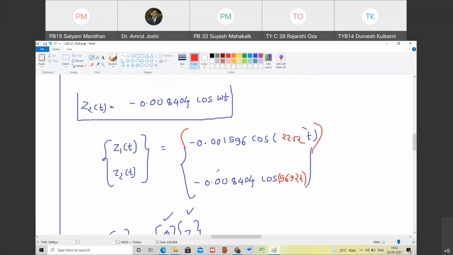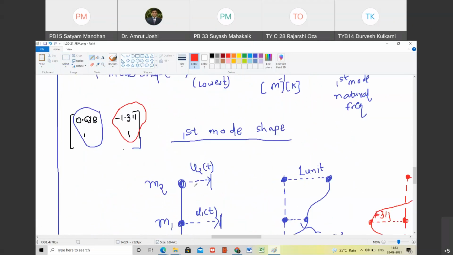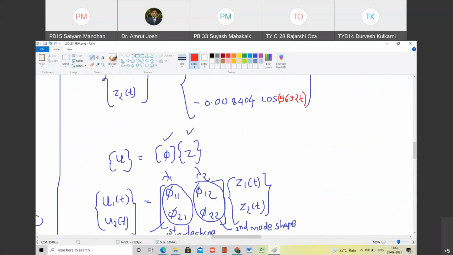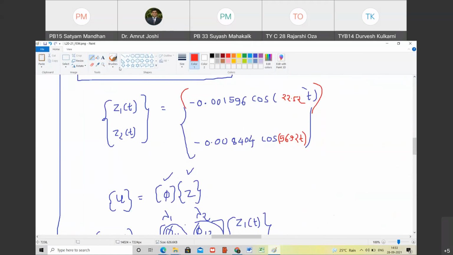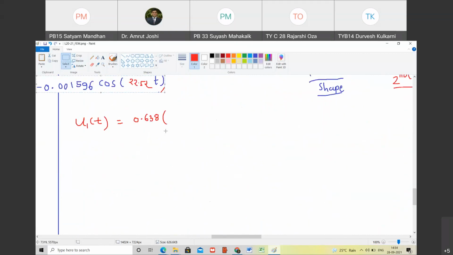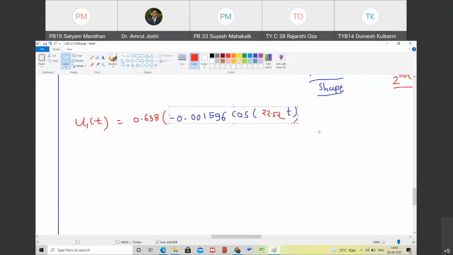चलो क्या हो रहा है वेदा? So this is how Z1 of t and Z2 of t look like. Are you with me? Yes, sir. So let me write down U1 of t. So what is U1 of t? 0.638 into Z1 of t. What is Z1 of t? Z1 of t is this. Happy? Yes, sir. So let me write it. और क्या है वो?